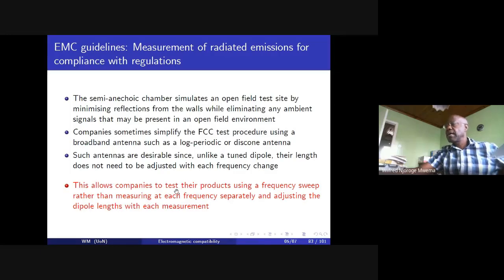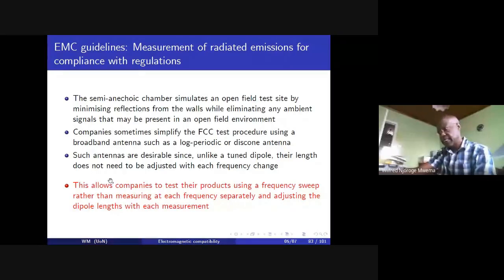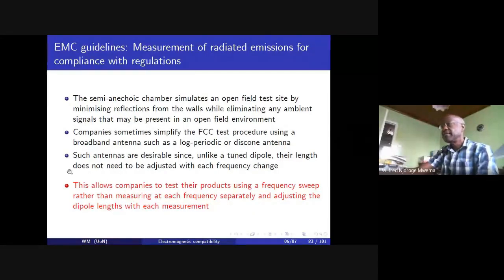And therefore, companies are allowed to test their products using a frequency sweep. That is, your generator sends the excitation to your device under test, and it will radiate in all those frequencies, but now we can just sweep the antenna over those frequencies rather than measuring at every frequency separately.